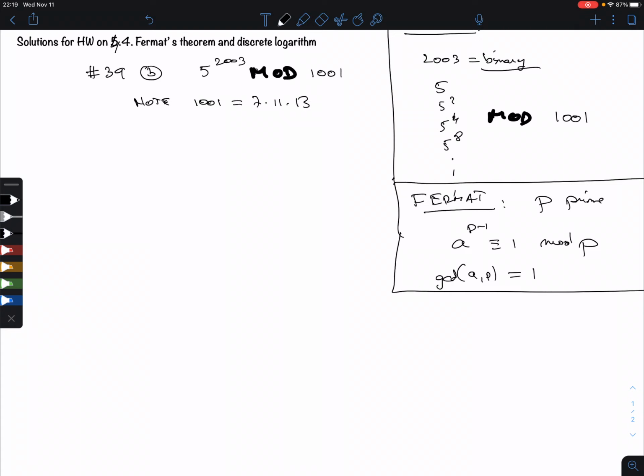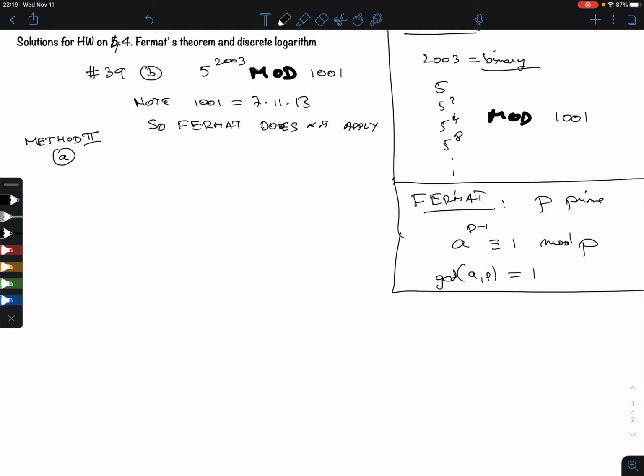So it's definitely not a prime, so Fermat does not apply. But now we're going to look at the second method, to nonetheless use this.